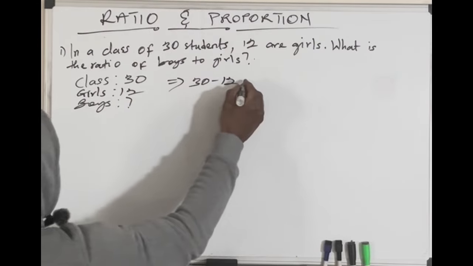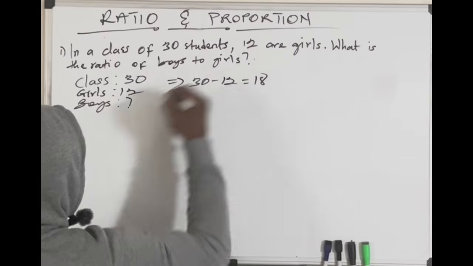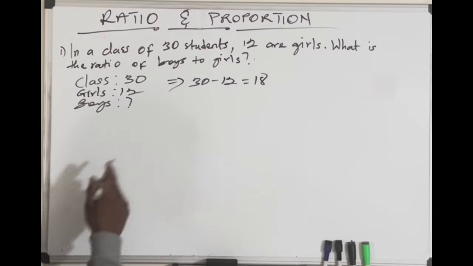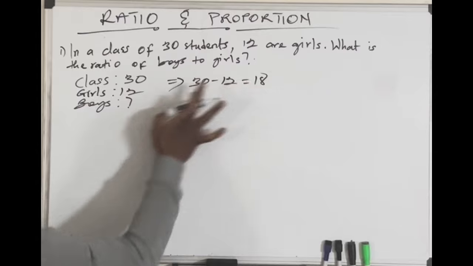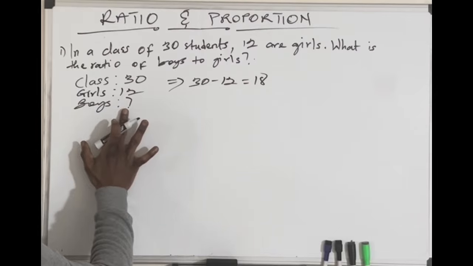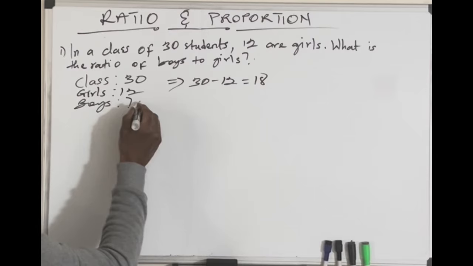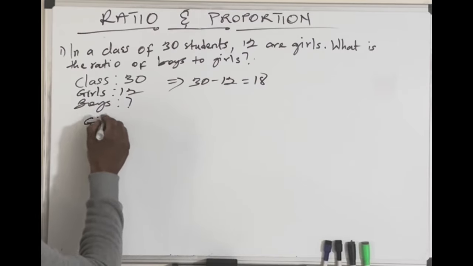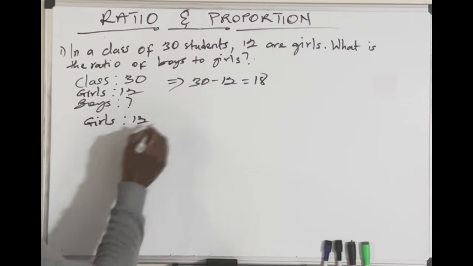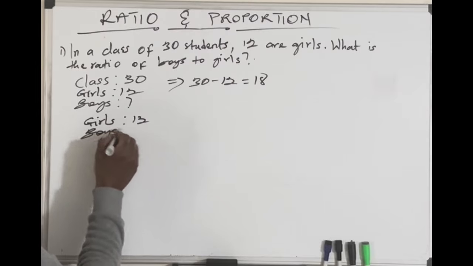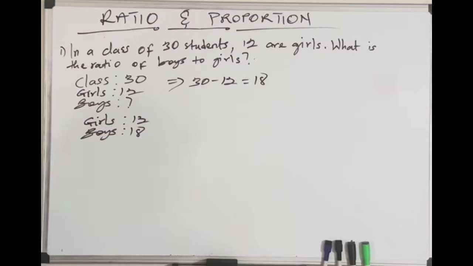Okay, all right. So what are we going to get? 18, right? All right. Now we know that the 18 is for what? The boys. Okay, so right now you can write it this way: girls 12, and then boys are 18.